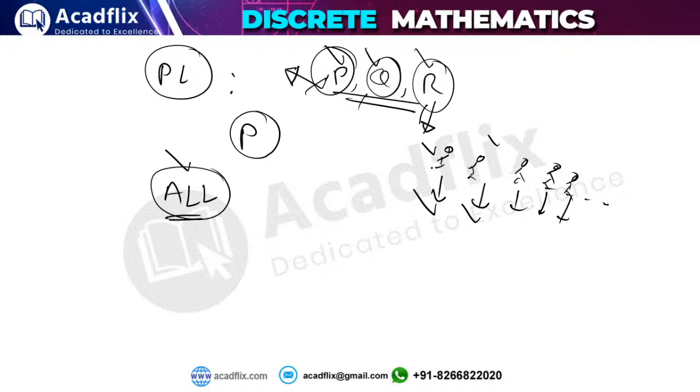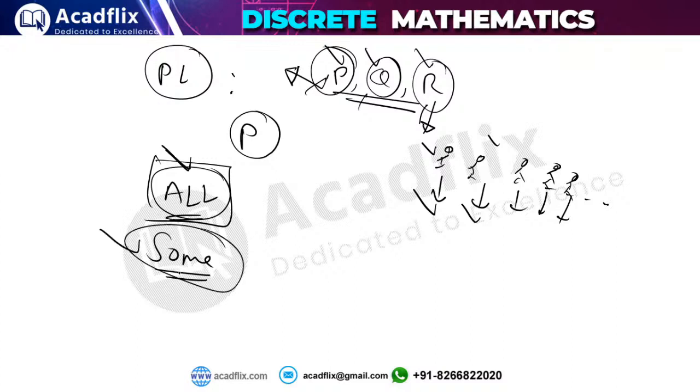But you cannot say that all are intelligent, because propositional logic has no facility to capture the word all. Similarly, I cannot say that someone is intelligent, because it has no facility to capture the word some. Propositional logic can capture each object individually, but it cannot capture all of them or some of them.